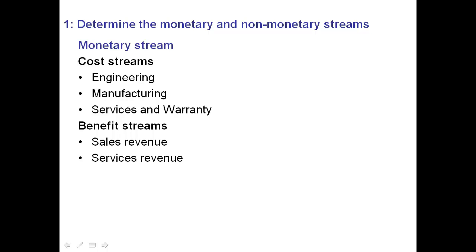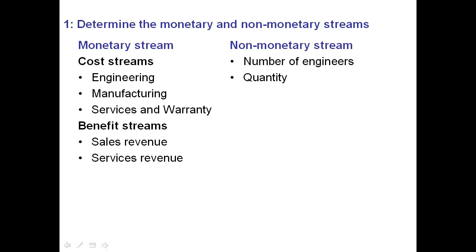These are the total cost that's borne by the company for manufacturing and delivering the cars. The benefit stream would include the sales revenue and the services revenue. These would be the total revenue generated due to the sales and post-warranty services rendered by the company. The non-monetary stream would include the number of engineers and the quantity of the cars.